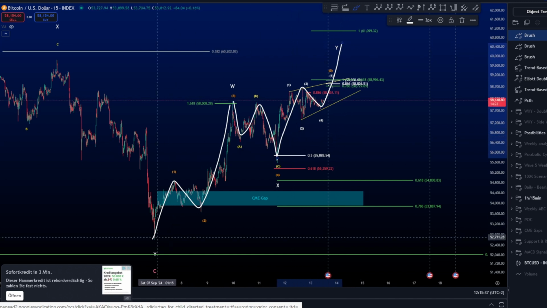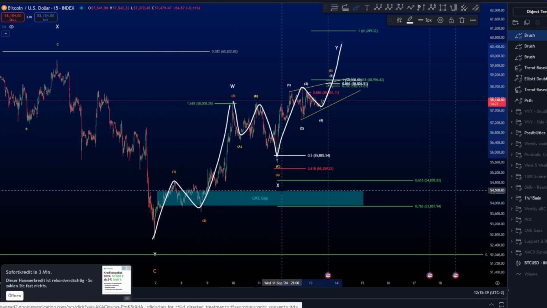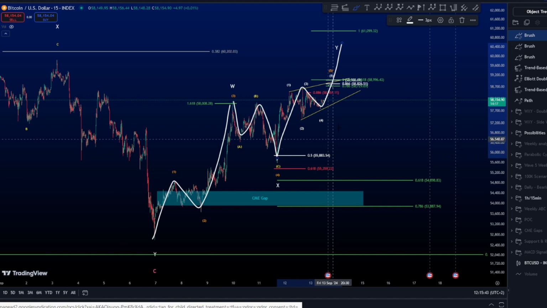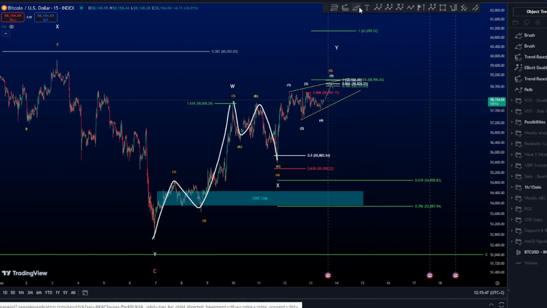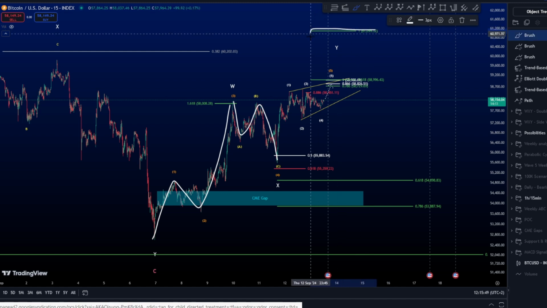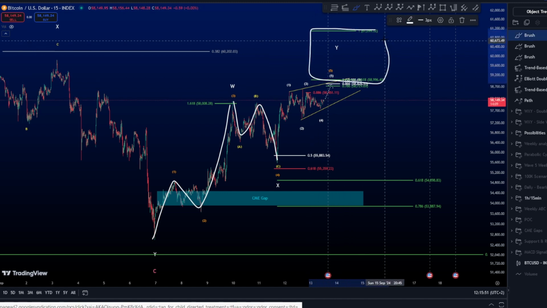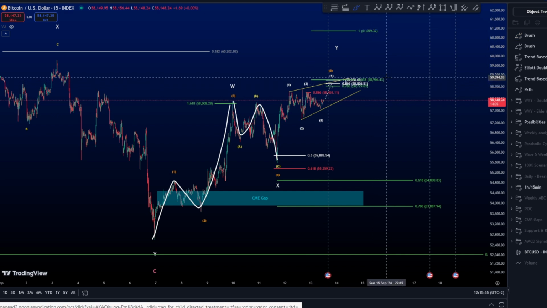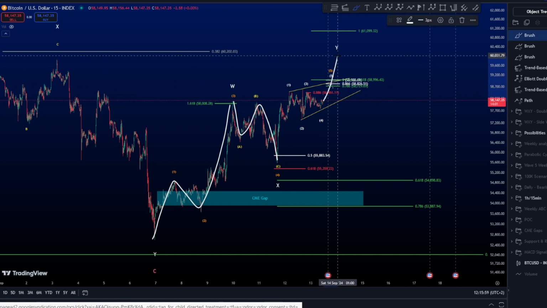So we're going to be looking at a triple zigzag complex structure WXY. And normally the targets of a Y finish in between the 1-to-1 or the 0.618, which is between the 59,000 and 61,000. So we're going to see possibly higher prices.